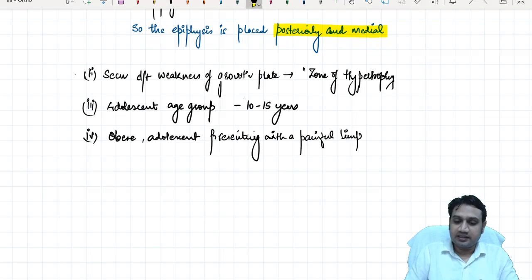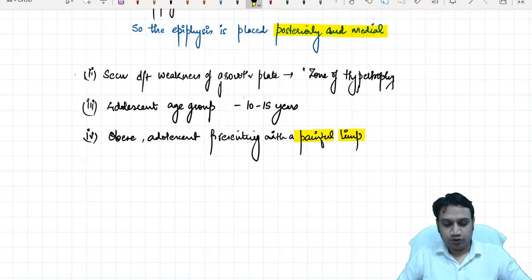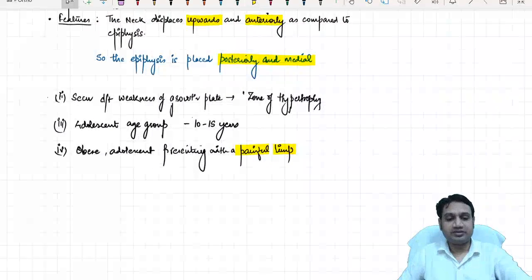So do remember, these are other 2 important features. It is a painful limb when the child is having SCFE. You must remember the causes of painless limb and painful limb in a kid. So adolescent, obese, painful limb, the usual cause can be SCFE, right? So normally this will be the commonest presentation.